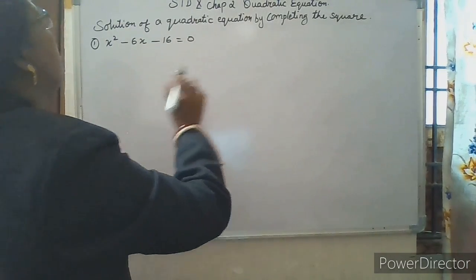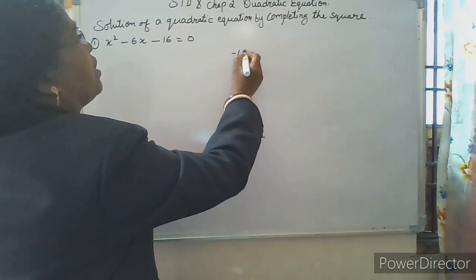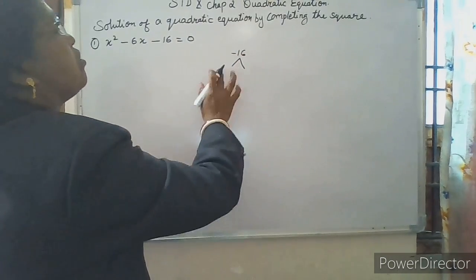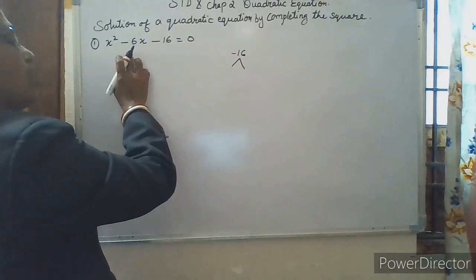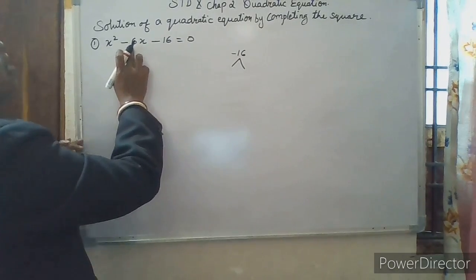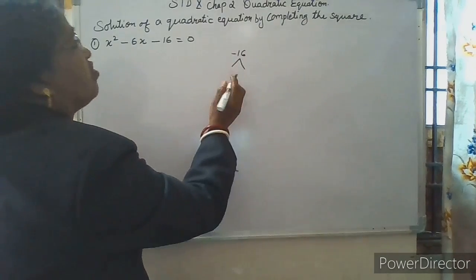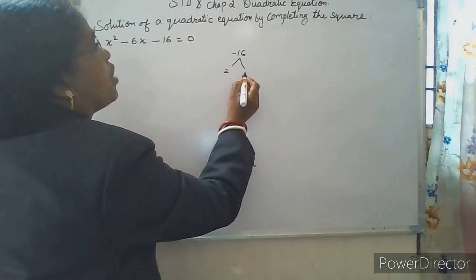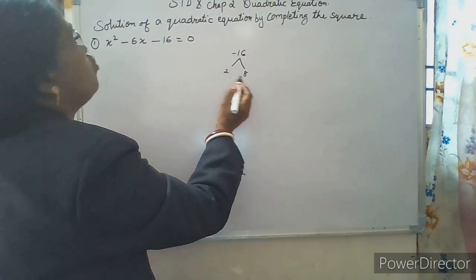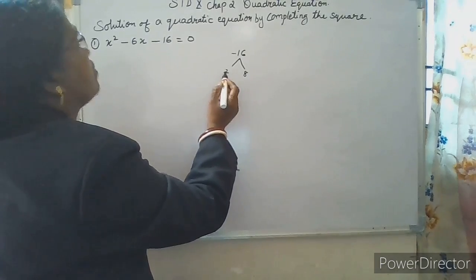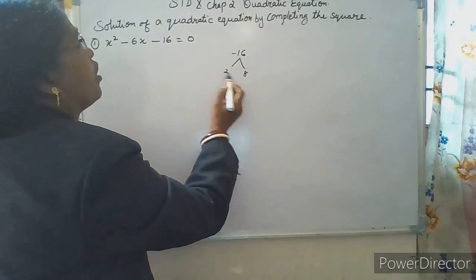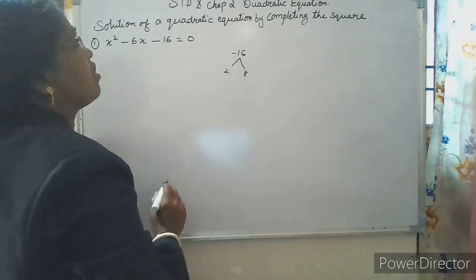See, if we try to do this one, minus 16, split this in such a way that when you add or subtract, you should get the middle term. Factors of 16: 2 times 8 is 16. 2 plus 8 is 10, or 8 minus 2 is 6.